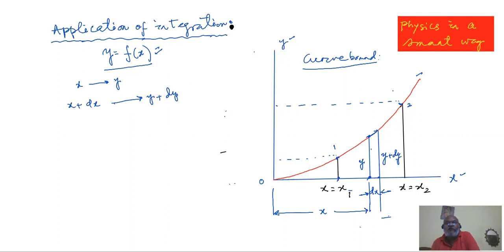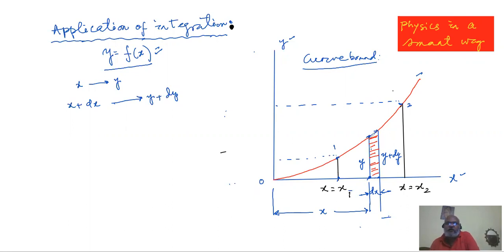Now we try to focus on the area that stretches here. That's a very thin band-like area. If we try to think of finding this area, your first observation will be how I am to find this area.